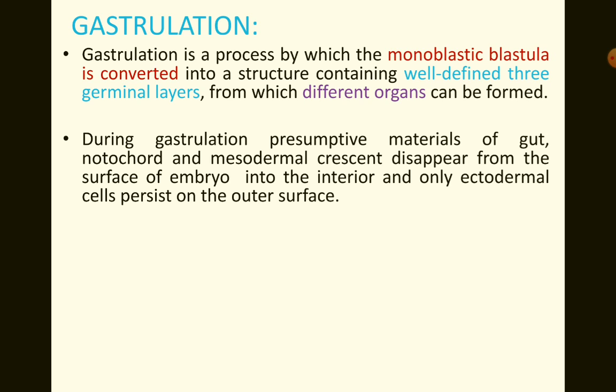It is through this inward movement that they disappear from the surface. They move from the gray crescent or the marginal zone, and the endodermal cells move inside and occupy their place.